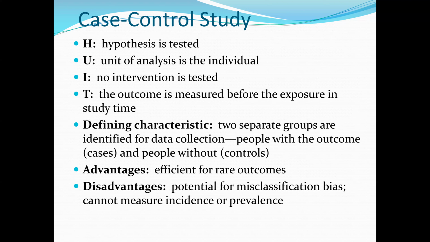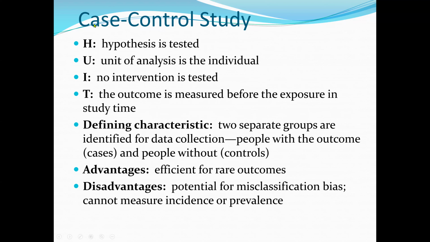So again, case control studies are especially valuable for studies of a rare or emerging disease or disorder, diseases that are not common, because here we have the cases and the controls.